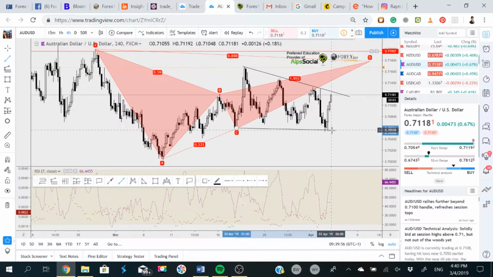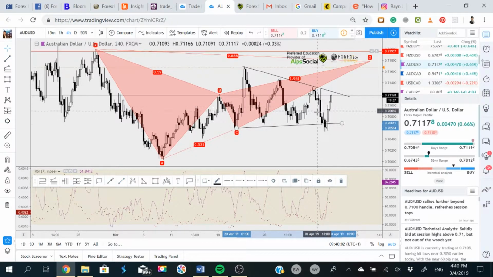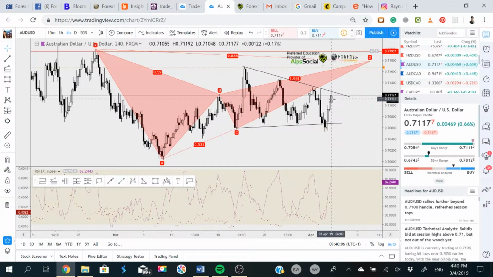Okay, over here the market has broken below. Just take note, waiting for it to react. If the market has an indecision candle over here, I'm looking for a shorting opportunity. If not, most likely it should extend upwards.